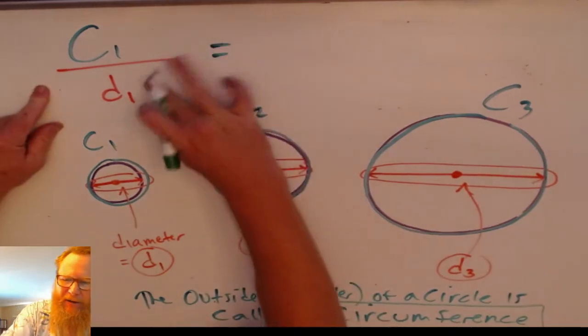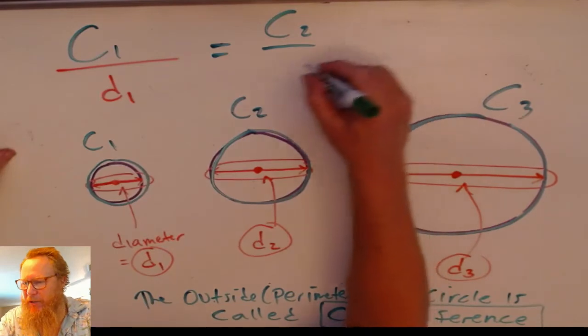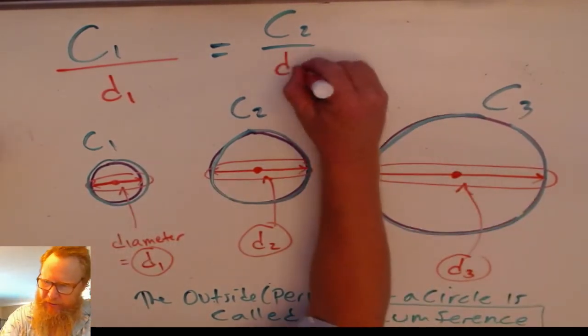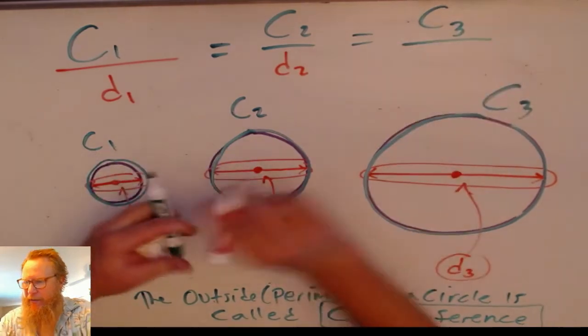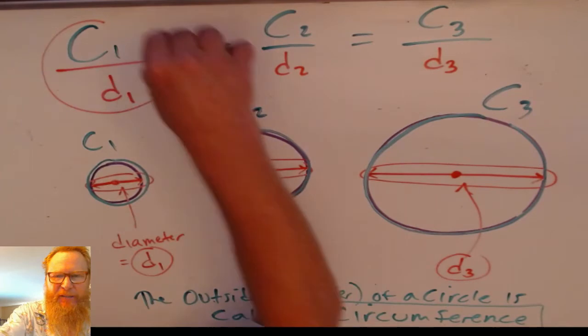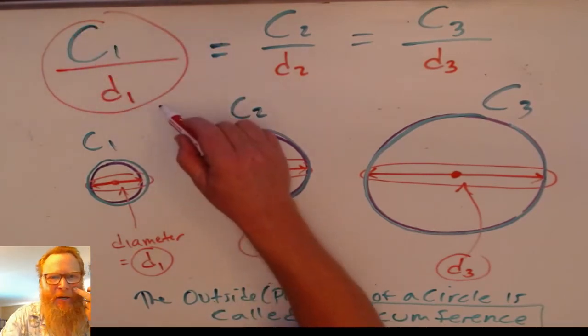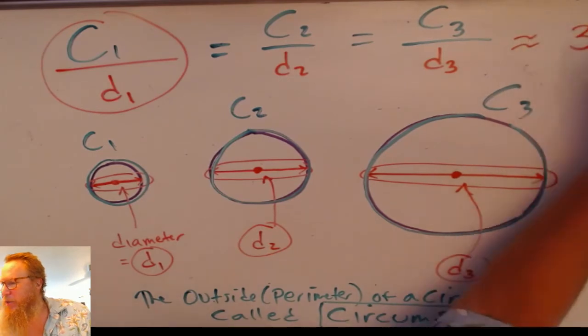It didn't matter which size circle you used, they were always equal. When you divide the circumference by the diameter, you always got a number that was very, very close to 3.